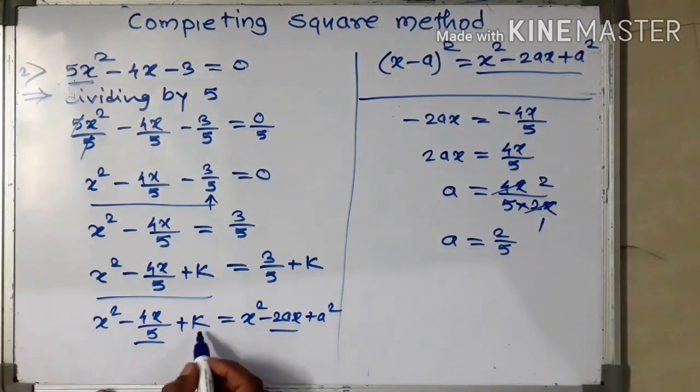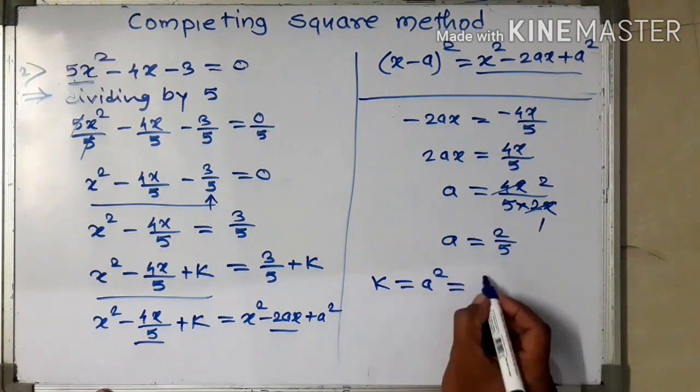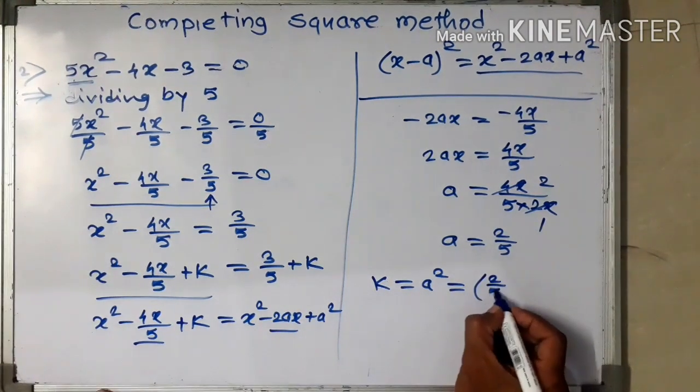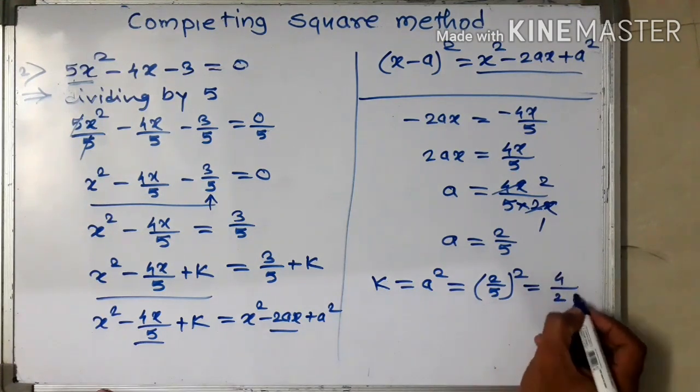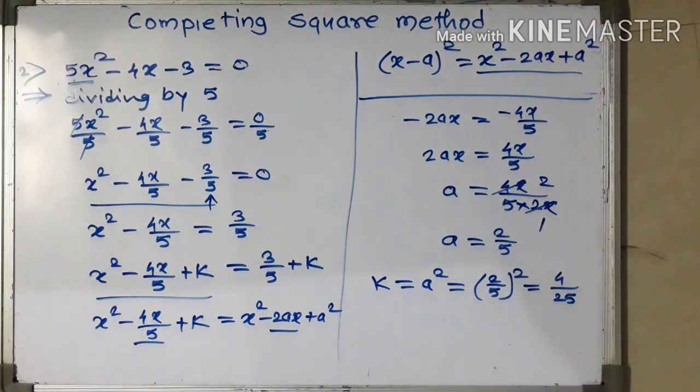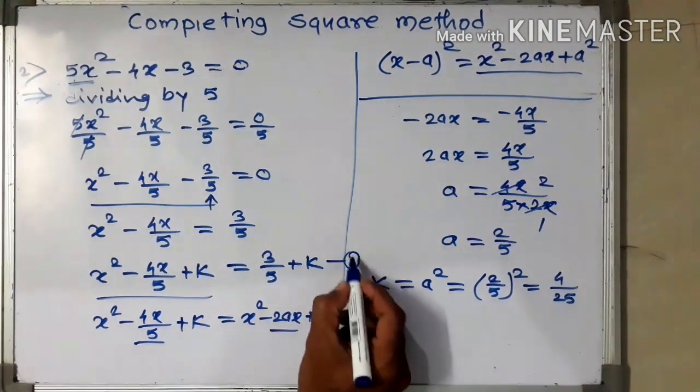Now the value of k is a square, so k equals a square, and the value of a is 2 upon 5, so 2 upon 5 square is 4 upon 25. Now we have to substitute that value of k in equation first.